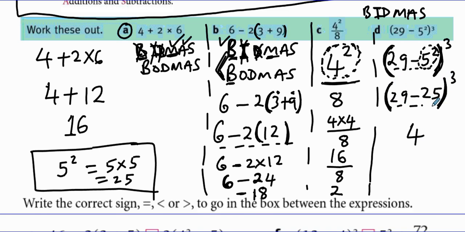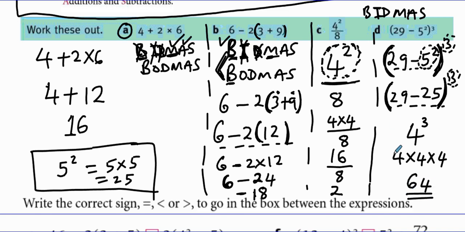But can you see something to the power of 3? So this becomes 4 to the power of 3. Where did I get 4? It is 29 minus 25. I get 4. Where did I get to the power of 3? It is here. This is to the power of 3. Now what is 4 to the power of 3? 4 to the power of 3 means 4 times 4 times 4. What is 4 times 4 times 4? The answer is 64.